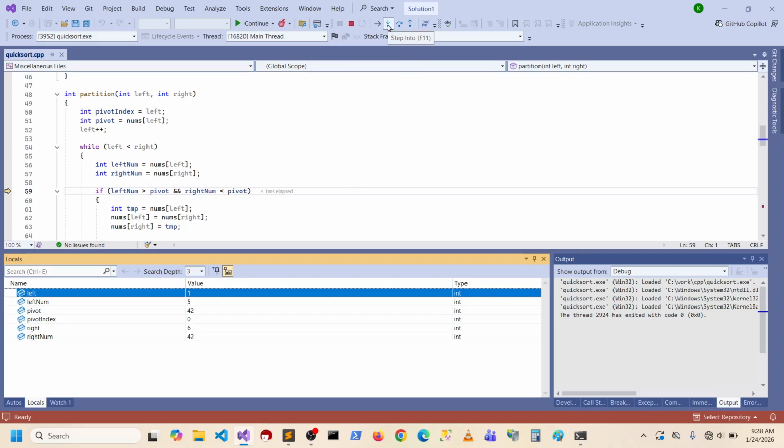So our right num is 42, and left num is 5. So that's it right there. Well, no, it isn't. I was going to say that needs to be swapped, but it doesn't. You wouldn't want to put the 5 over there. So that is correct.